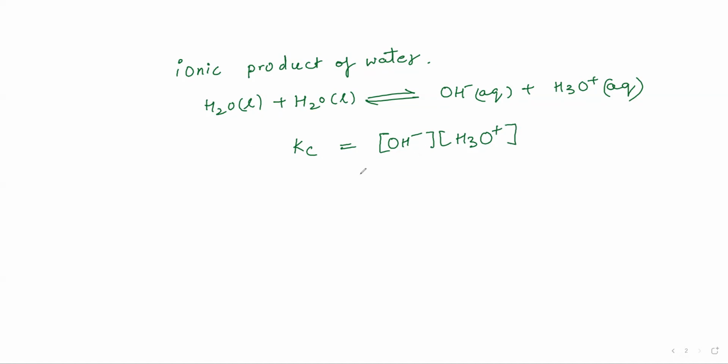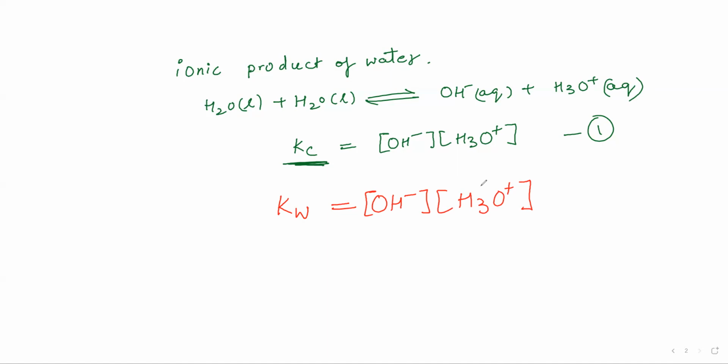Can you tell me why water is excluded in this? Do comment it. Why is water excluded from this concentration expression? This is the equation for auto-ionization of water. Instead of representing it with Kc, we will represent it with Kw. So Kw equals OH concentration times hydronium ion concentration.